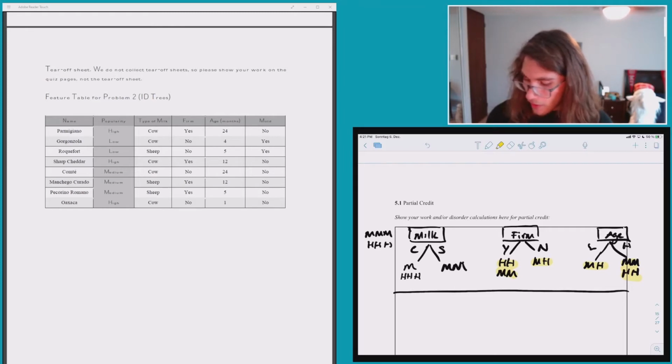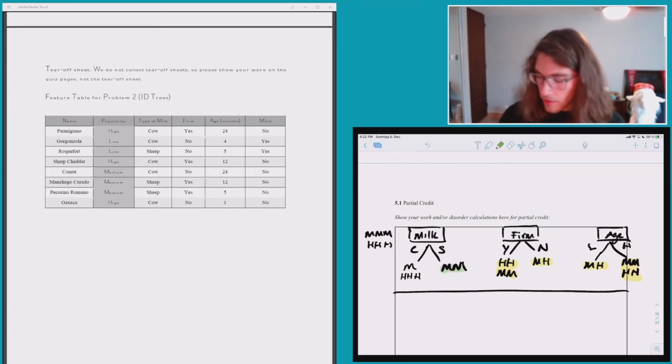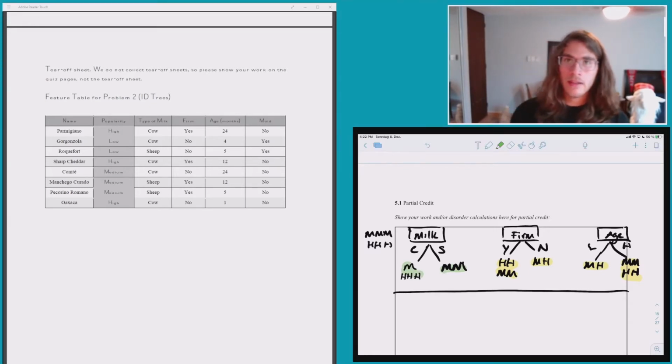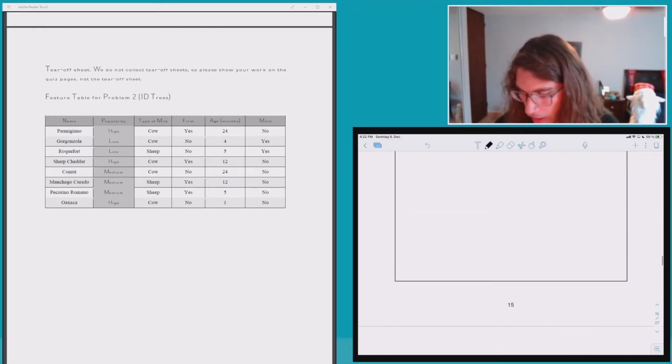And that's not the case in the milk. So for the milk, this is perfectly homogeneous, so disorder 0. And this isn't perfectly homogeneous, but it's not a disorder of 1, because there's more of one class than the other. So milk is the clear winner here, without any sort of calculation.